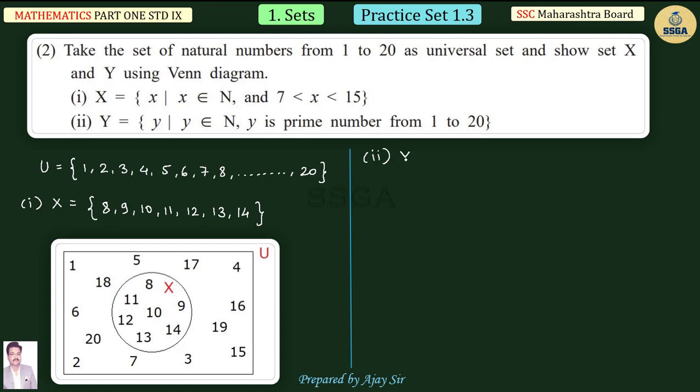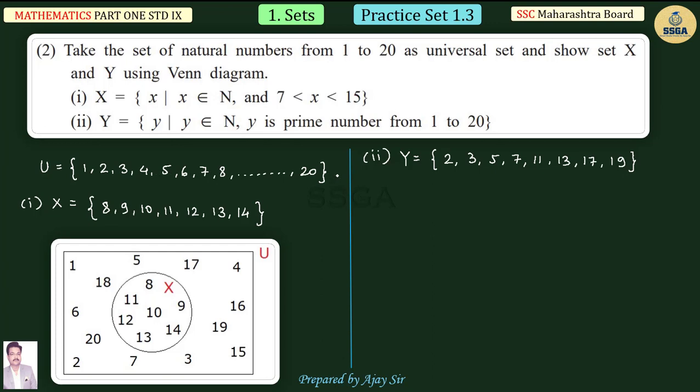Therefore set Y we can write as 2, 3, 5, 7, 11, 13, 17, 19. Till 20 we have to write. So this is our set Y, and set U contains these elements 1, 2, 3, 4, 5, 6 till 20.